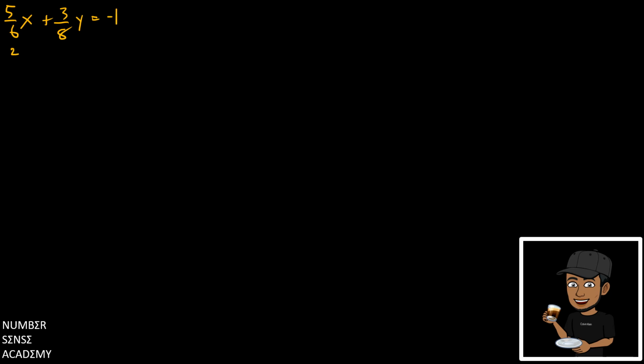Then we have 2 over 3x minus 3/4 y equals negative 5. And I have equation 1, equation 2. All right, we have fractions like decimals. We want to get rid of fractions and create whole numbers.